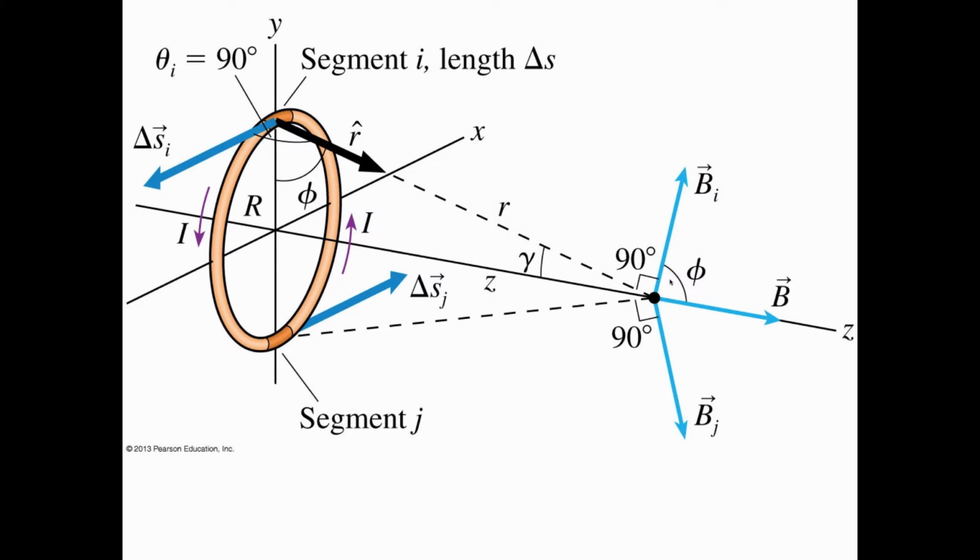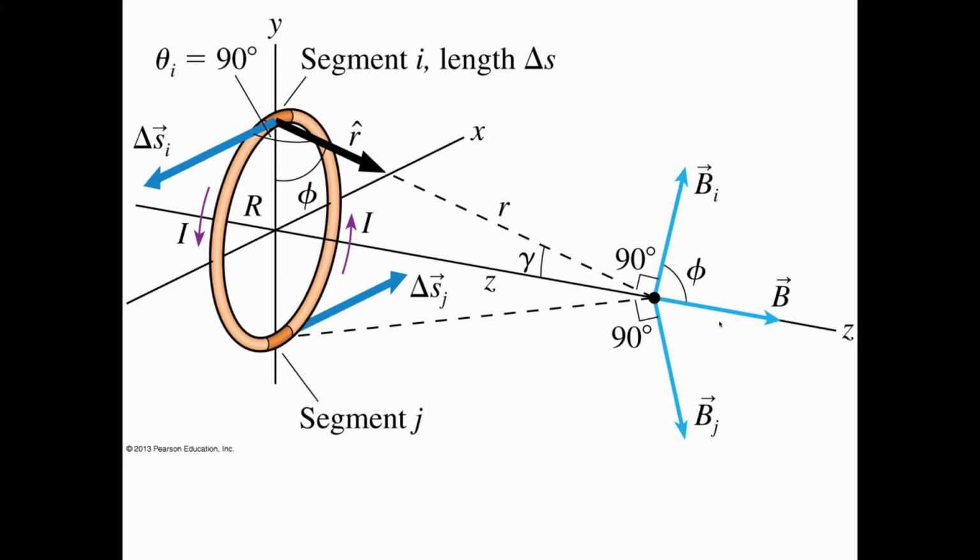So if you go ahead and take your right-hand rule, that's going to be pointing that direction again at point Z, and same for the Jth component. The Y components of these two are equal but opposite, so they will cancel. So we'll only be left with a magnetic field in the Z direction here.